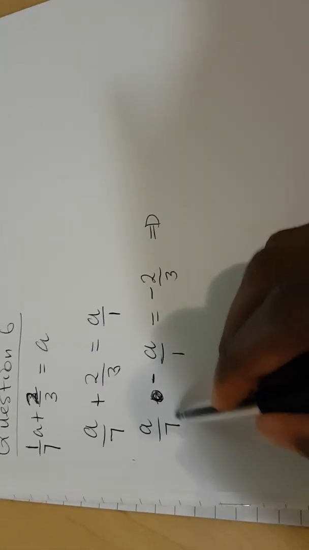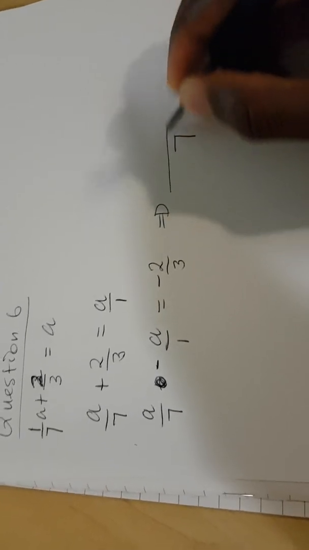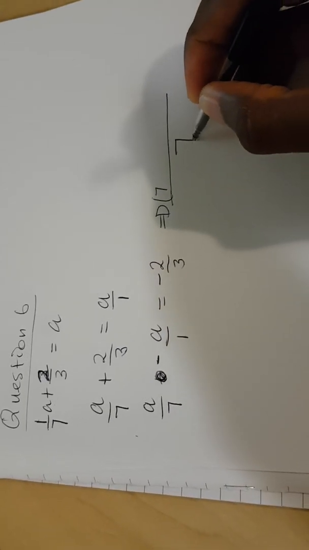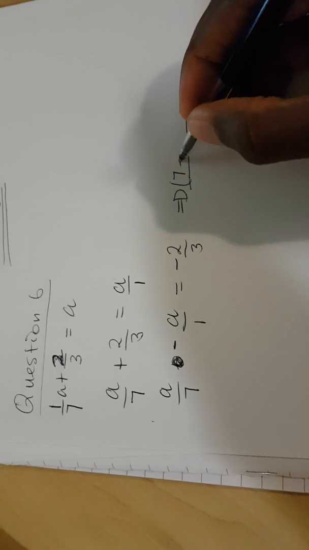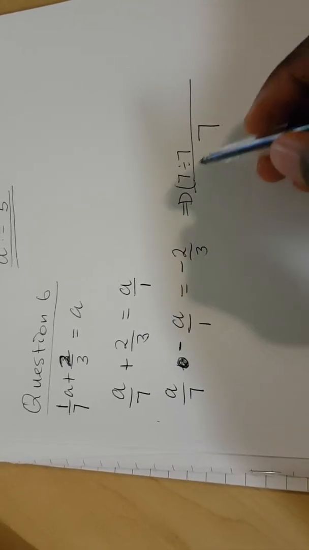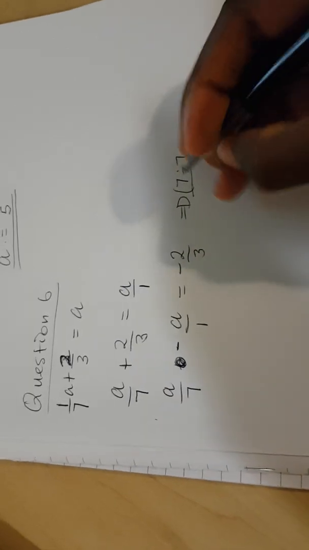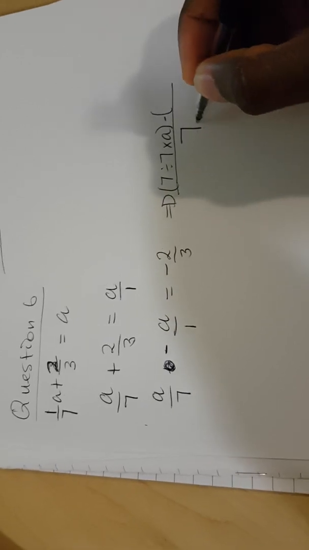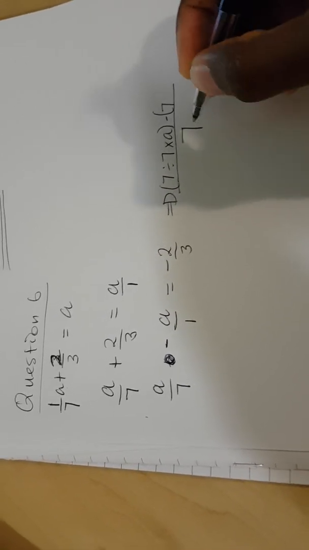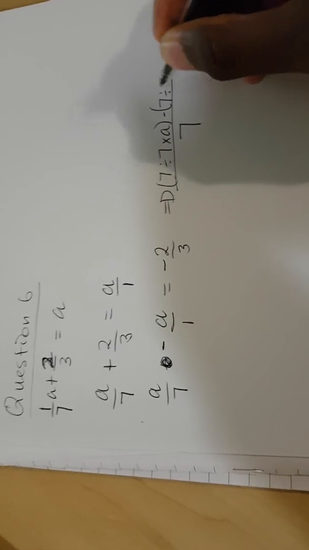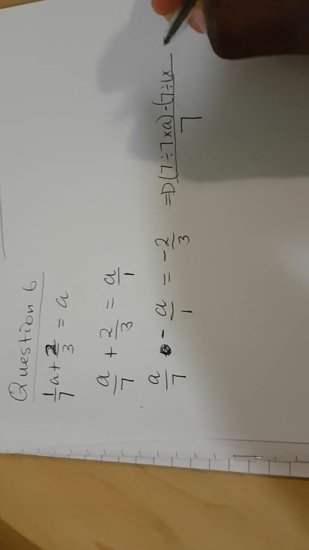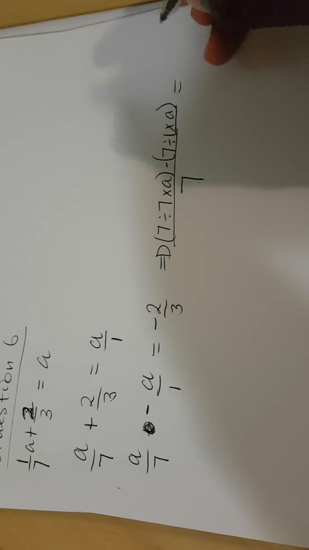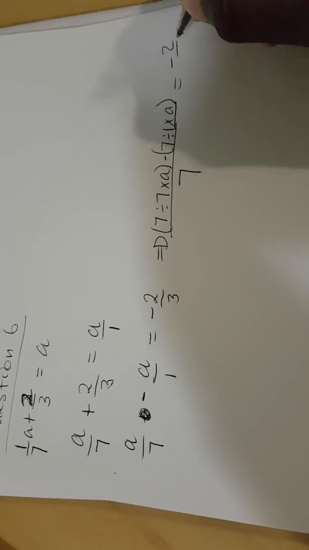So 7 times 1, I'll get an LCD of 7, and then I'll say this 7, which is the LCD, lowest common denominator, divide the denominator 7 and multiply numerator a, close bracket, and then minus this 7 again, the LCD 7, divide 1 and multiply numerator a, close bracket, is equals to negative 2 over 3.